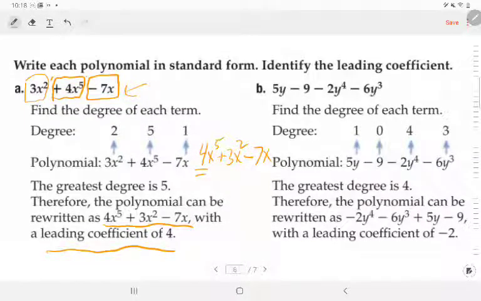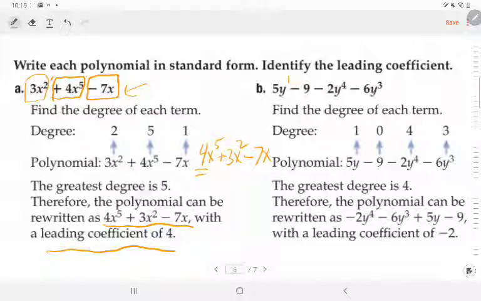We have 5y minus 9 minus 2y to the 4th minus 6y to the 3rd. Well, let's take a look at what we have. We have 1 as an exponent. We would say 9 is 0, just because it doesn't have a variable. It's a 0 degree, should I say. And then it has 4 and 3. Okay? So we take a look at that. Well, the 4 is the greatest.